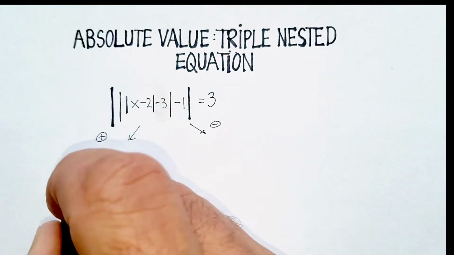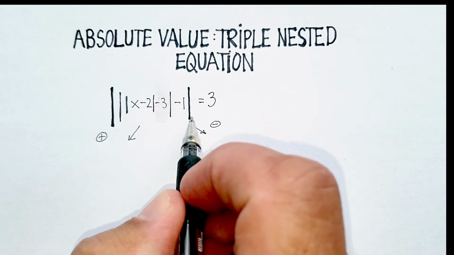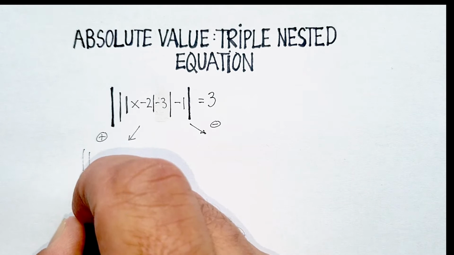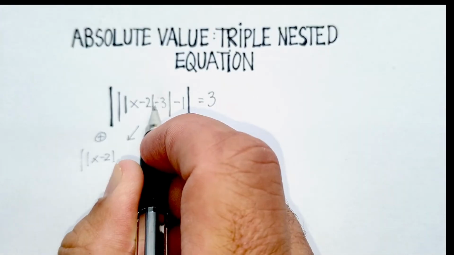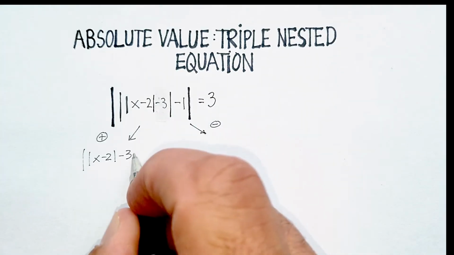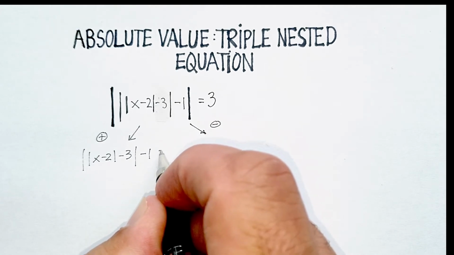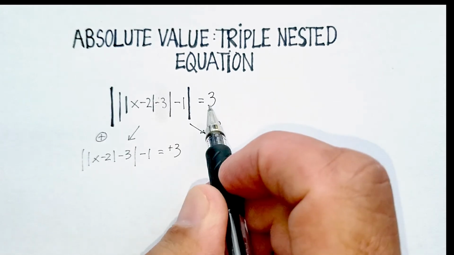And I'm going to get rid of these two large absolute value brackets, and I'm going to say the absolute value of x minus 2, minus 3 in absolute value, and then minus 1 is equal to the positive case, which is here.